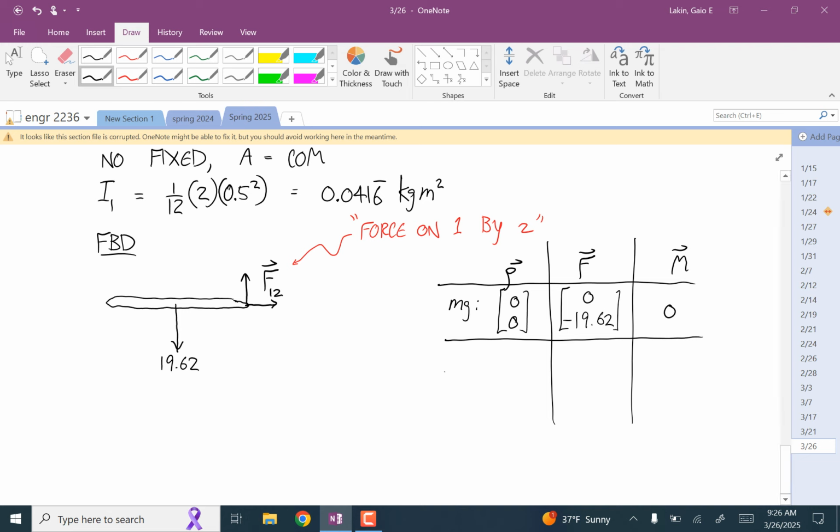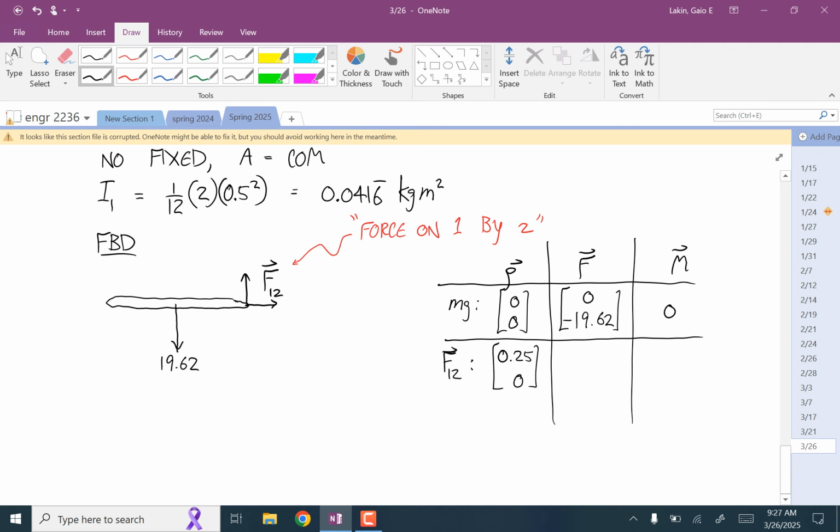And now we'll do this force F12. So what's the rho vector? What's the vector that goes from the center of mass to where that F12 is applied? Yep. So 0.25, 0.